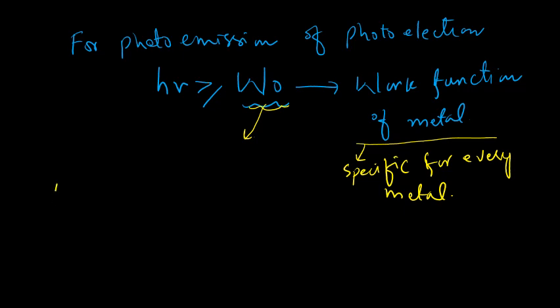So we can say that the maximum kinetic energy of the emitted electron will be equal to h mu minus W naught.